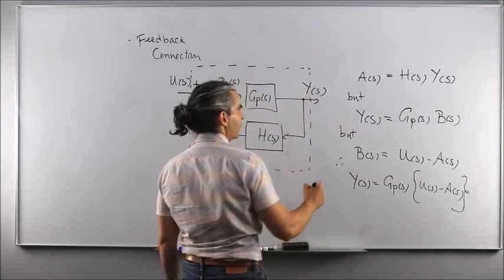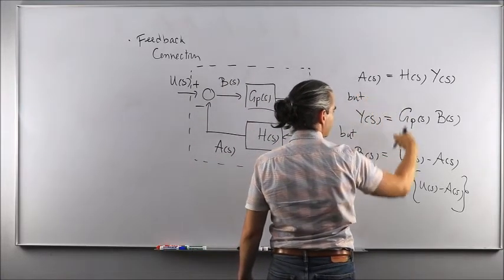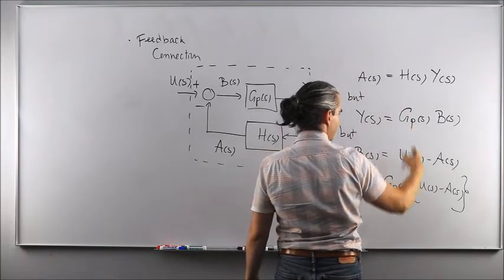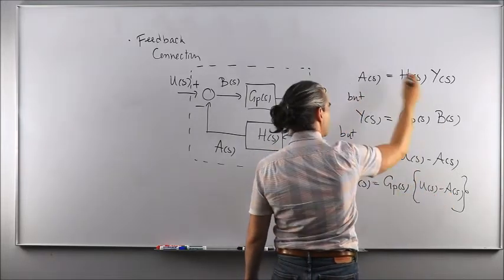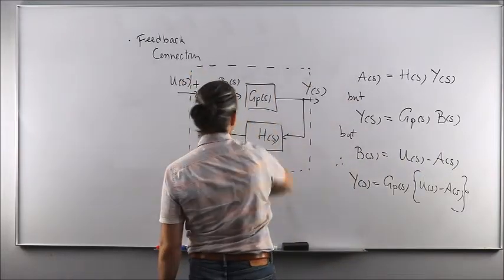And that therefore my a of s here can be re-expressed in terms of gp, h of s, u of s, and a of s, and then solve that to get the output over the input.